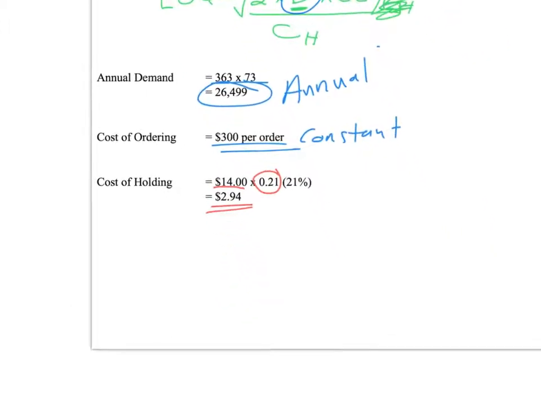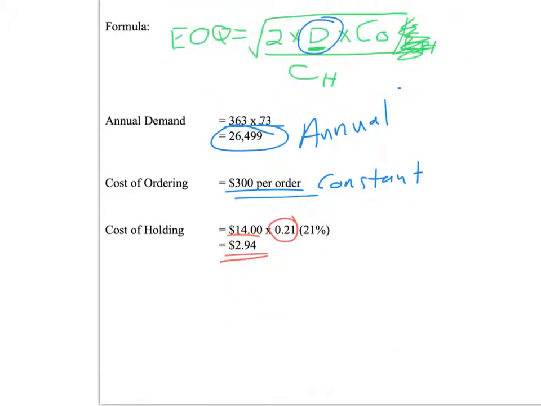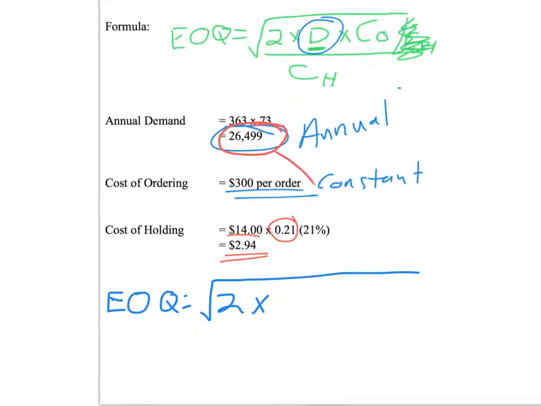So we have the pieces that we need to plug into our formula. I will do this in blue. Our EOQ is equal to the square root of 2 times our annual demand, which we'll drag down into our formula here: 26,499.